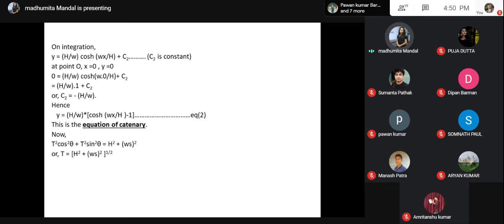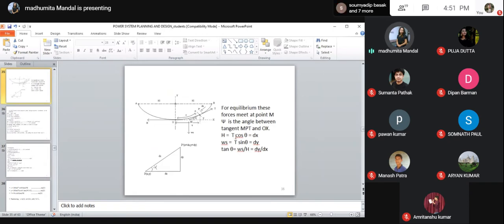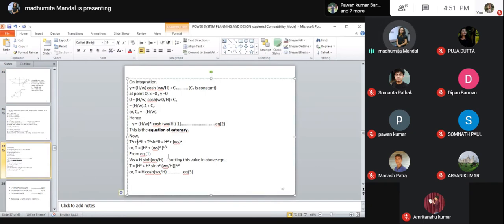Now, for the tension, t square cos square theta plus t square sin square theta is equal to h square plus omega square s square. Where are we getting this from? We get this from the initial equations we wrote. Basically t square cos square theta is equal to h square, t square sin square theta is equal to omega square s square. So t square cos square theta plus t square sin square theta is equal to h square plus omega square s square.